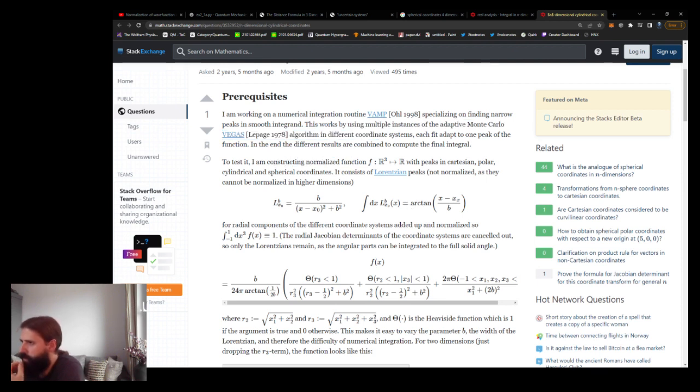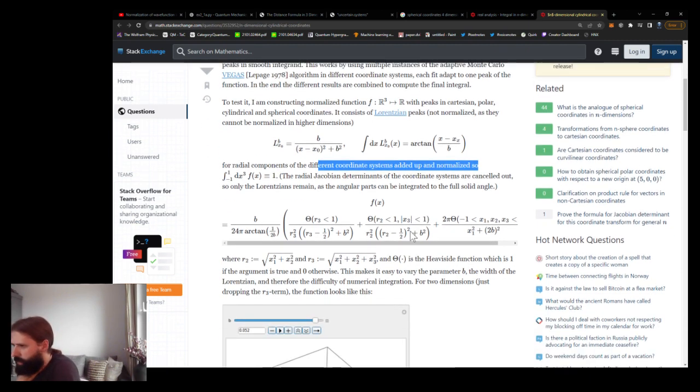I'm constructing a normalized function R3 to R, which peaks in Cartesian, polar and cylindrical coordinates. It consists of lengths and peaks, not normalized as they cannot be normalized in higher dimensions. For radial components, different coordinates. What the hell?